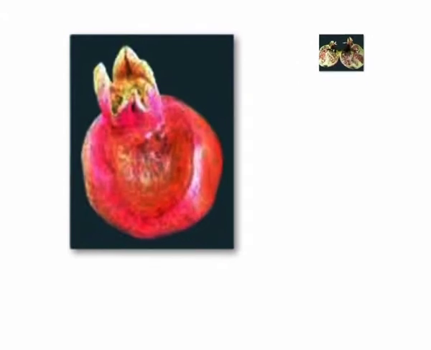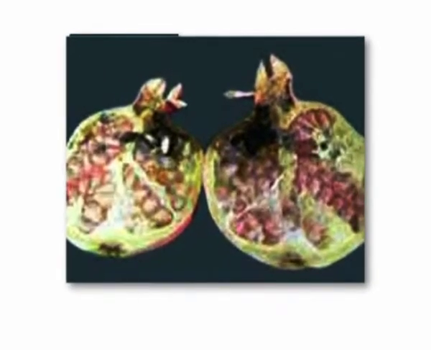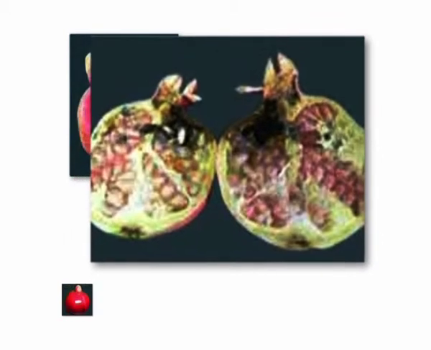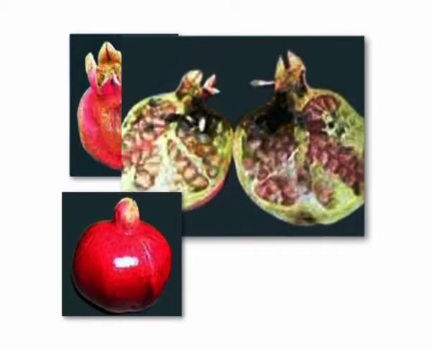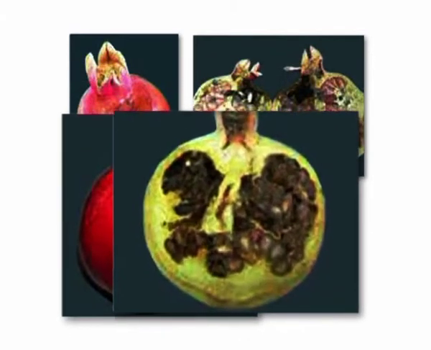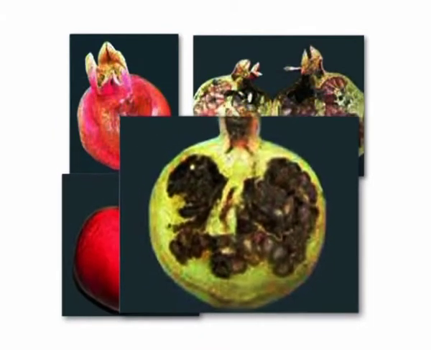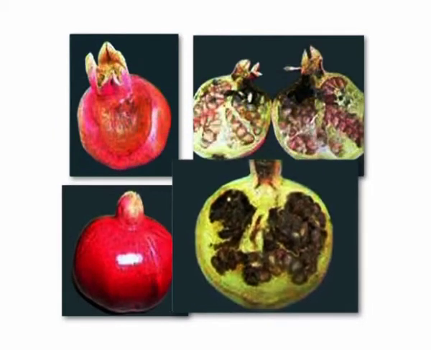Wounds must occur after flowering for these two infections to occur. The only exterior signs of disease would be a slight off color in the peel and a lighter weight due to internal decay. However, this problem usually is not apparent until fruit sorting after harvest.